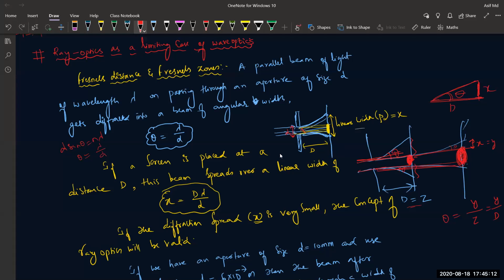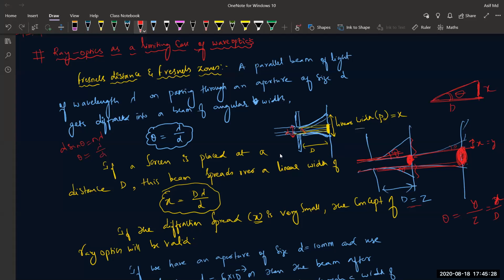So tan theta is equal to x by D, you can write x or y, no problem depending upon the given condition. And theta is equal to x by D. So from that relation I am writing the next relation.